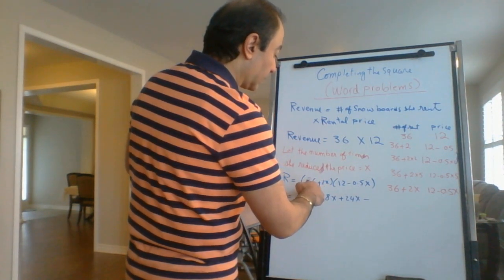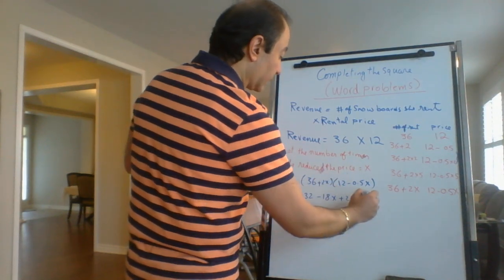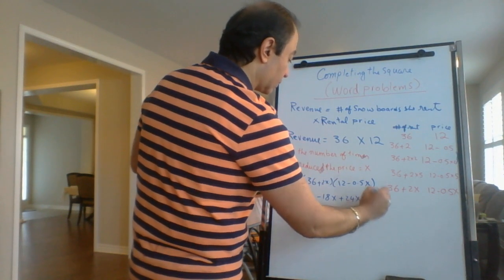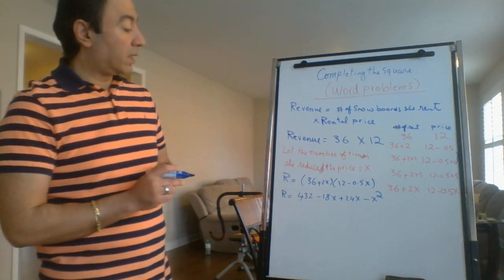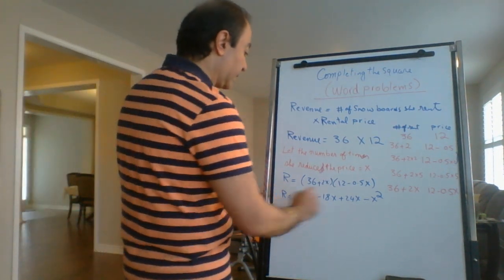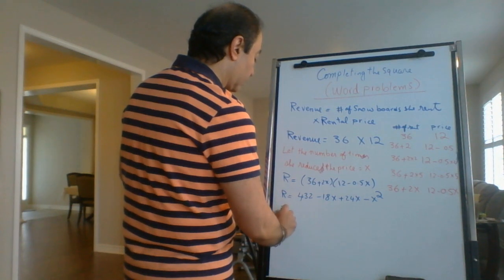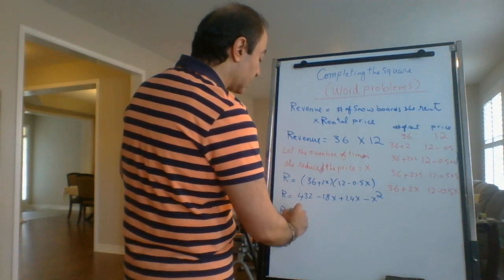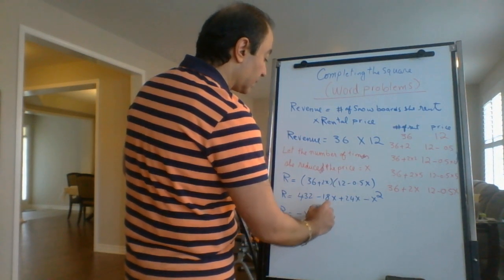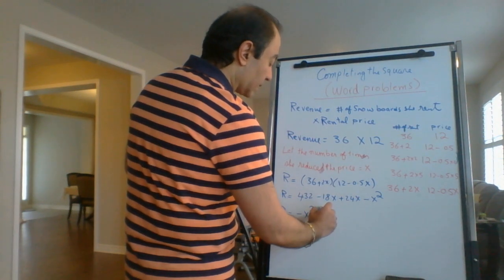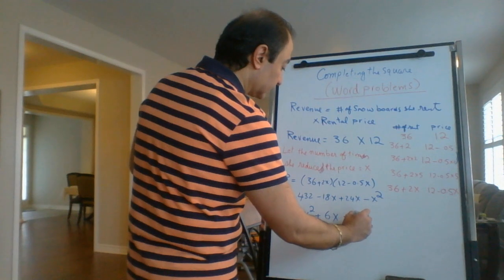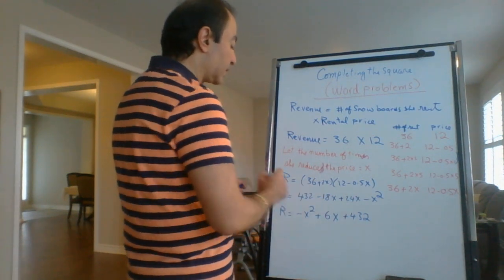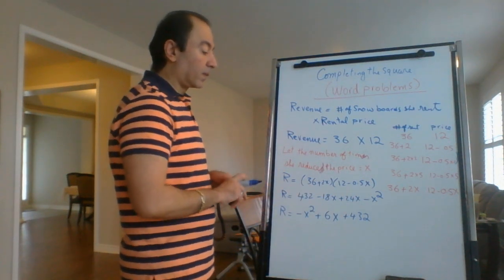If we multiply 2 and this, that will be negative x squared. Right? Okay. Now we can combine like terms and arrange this from the highest exponent to the lowest. So negative x squared plus 6x plus 432. Now this is the revenue in standard form.